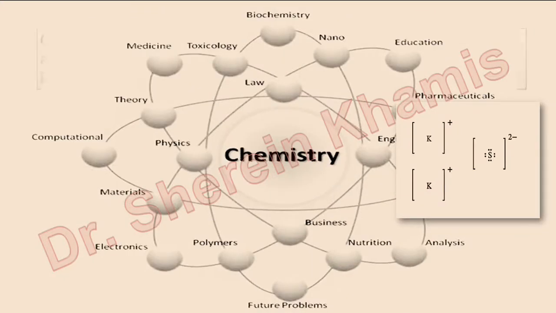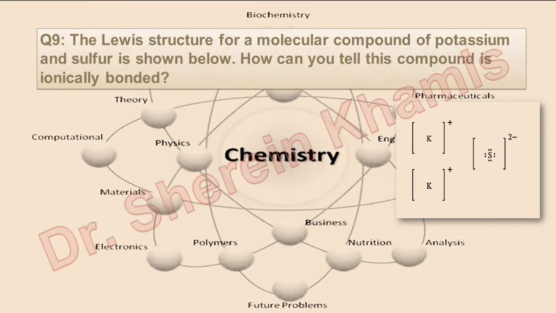We have here in question number 9 a Lewis structure for a molecular compound of potassium and sulfur. We have here 2 atoms of potassium, each one losing 1 electron, and here is sulfur. As shown below, sulfur takes 2 electrons to complete its outer valence shell, and here we have -2 on it.